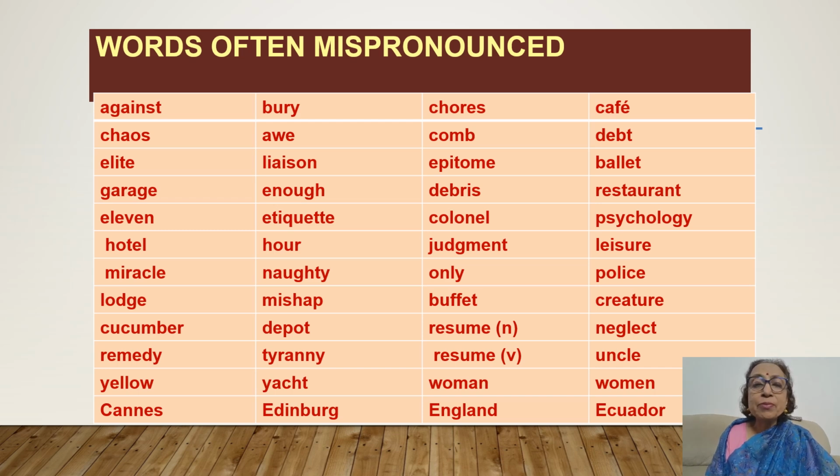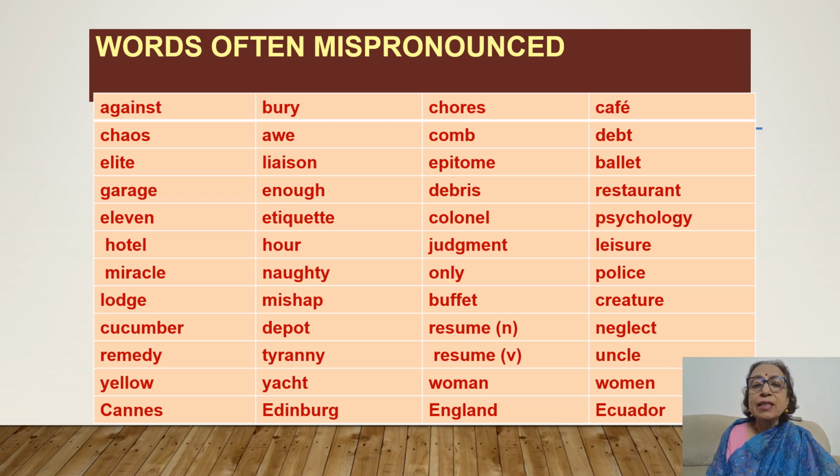Now sometimes in some parts it is pronounced as colonel also, but kernel is what the UK pronunciation is. Judgment, only, buffet. Resume, noun form and verb form different. Resume, noun form, resume, that is verb form.